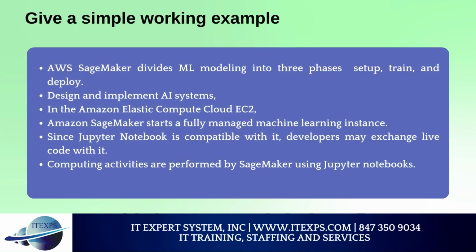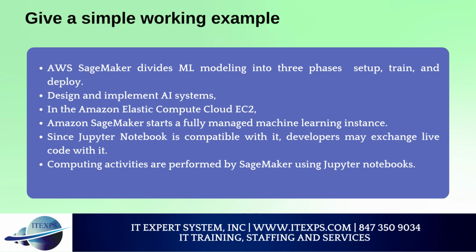Give a simple working example. AWS SageMaker divides ML modeling into 3 phases: setup, train, and deploy. Design and implement AI systems. In the Amazon Elastic Compute Cloud EC2, Amazon SageMaker starts a fully managed machine learning instance. Since Jupyter Notebook is compatible with it, developers may exchange live code with it.